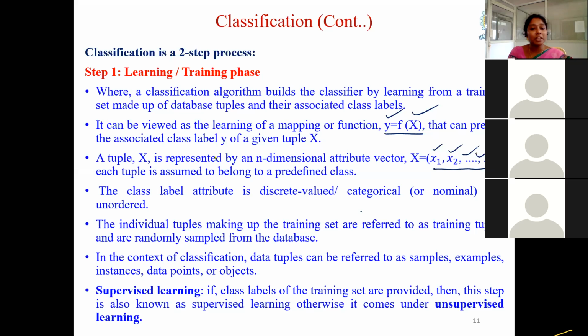The individual tuples making up the training set are referred to as training tuples and are randomly sampled from the data set. How do we generate the training data? For your understanding, I said that 70% of the data is taken as training data and 30% as testing data. But the partitioning into 70 and 30% should be done randomly, by random sampling.